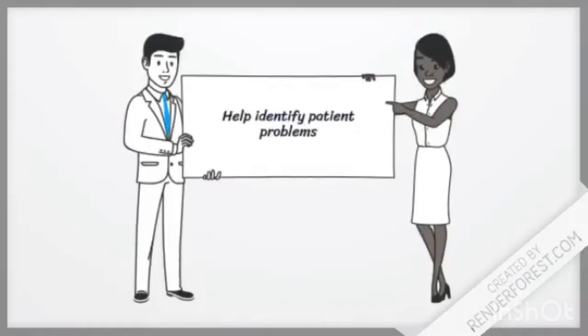Normally we use the patient's strength to help in actually solving the problem or preventing it. What can the patient do for themselves? What is the patient capable of doing in helping to prevent or solve that problem?